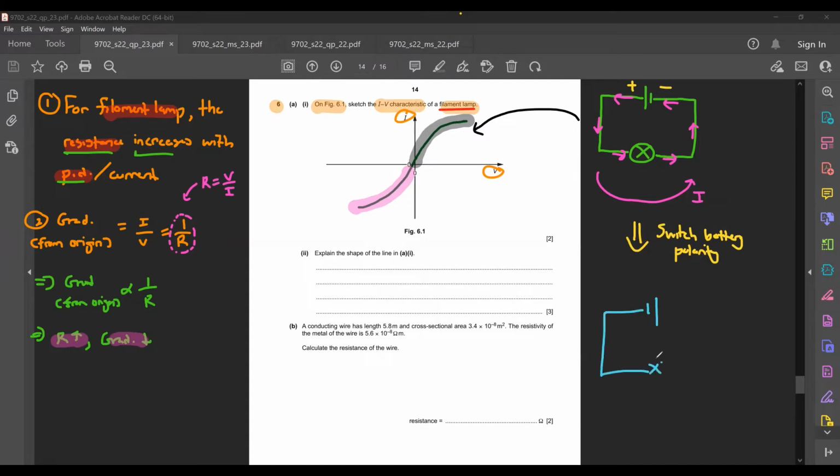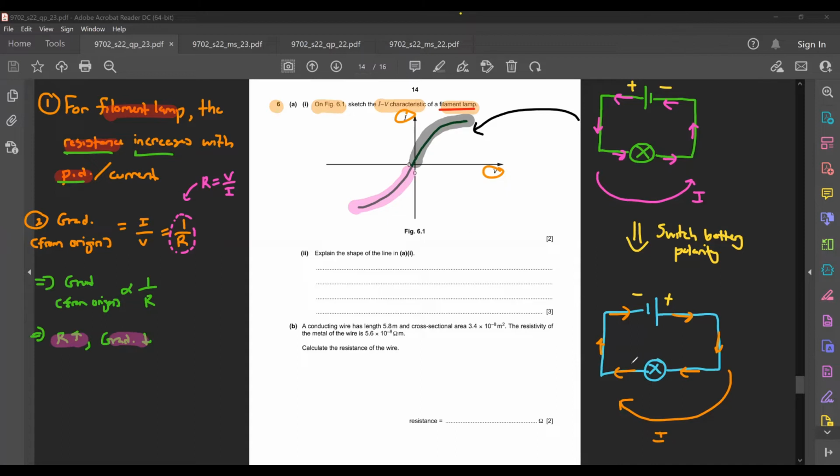This is your same filament lamp, and then this is your circuit. Now, because you switched your battery polarity already, this is now positive, this is now negative. Current will actually now flow like this. Notice that your current flow is actually in the opposite direction. This is where you get your negative current and negative voltage from.